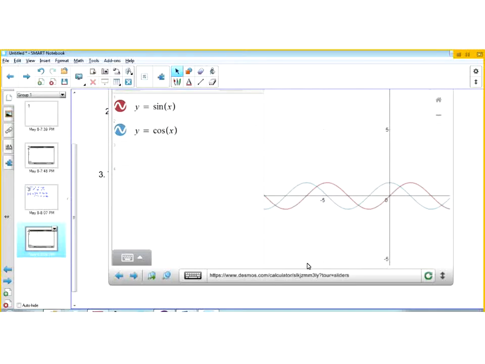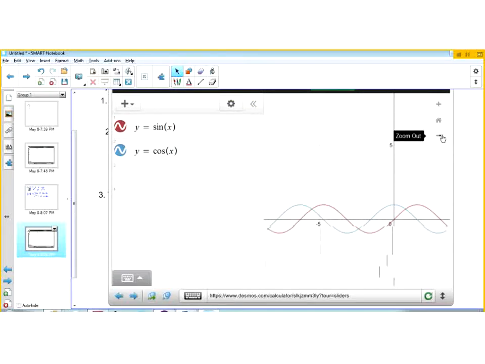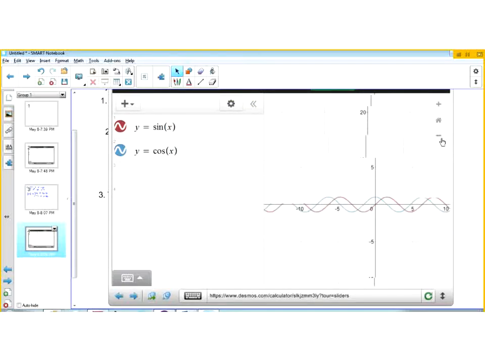So is there a way I can change the graphing style? Let's see here, to say polar coordinates.